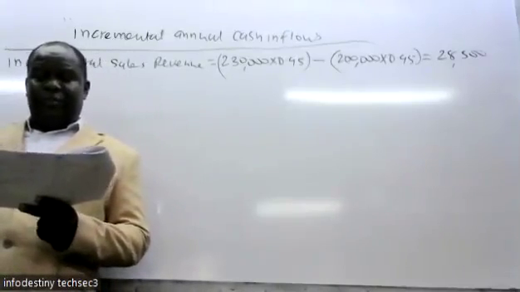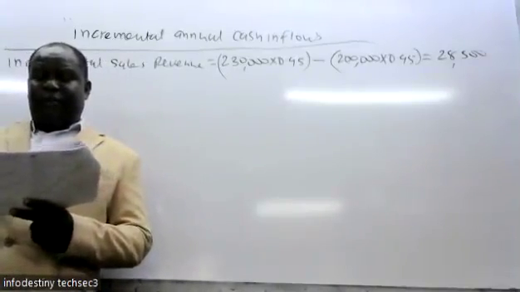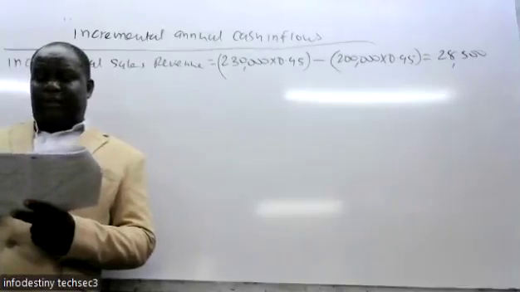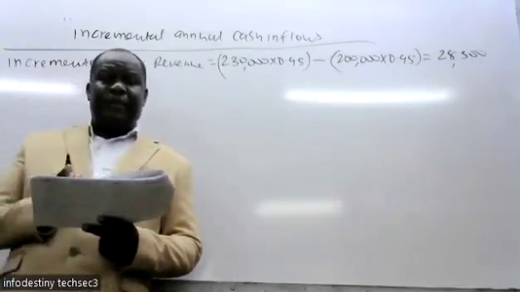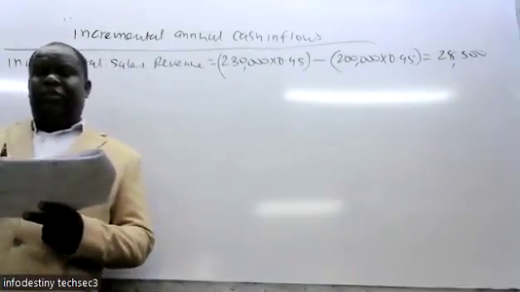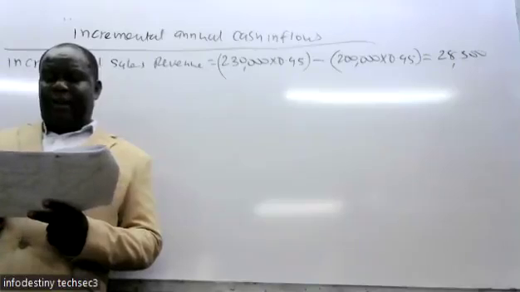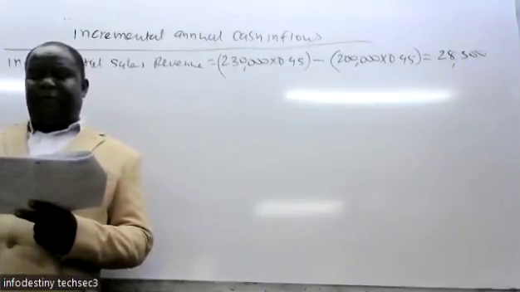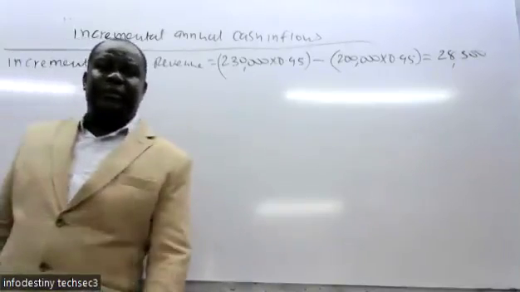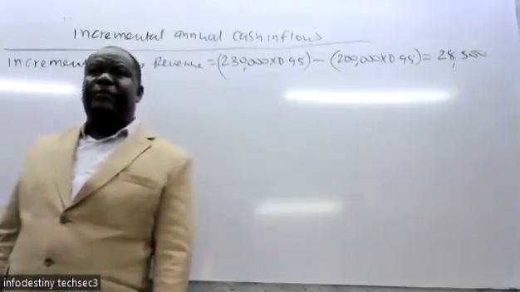So what I would like you to do, I want you to take the one for the existing, the 200,000 multiplied by 0.48, to confirm material. Then also compare that with the one for the advanced model, 230,000 multiplied by 0.46. And confirm which one is more.